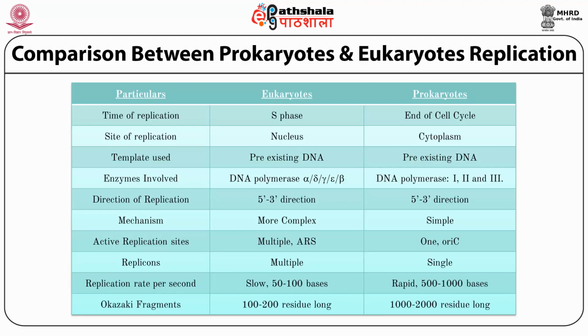To begin with, the length of Okazaki fragments, the rate of replication, and the number of replicons are all different in prokaryotes and eukaryotes. The time of replication is significantly confined to S phase in eukaryotes, while in prokaryotes it occurs towards the end of the replication cycle. The types of polymerases and the subunits of polymerases also differ. However, the counterparts exhibit similar function.